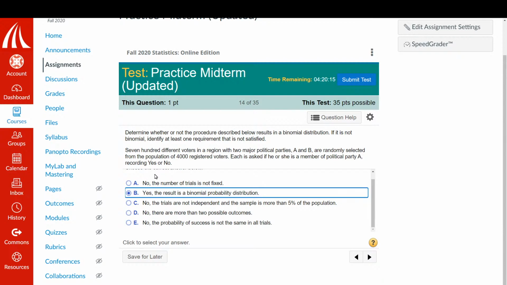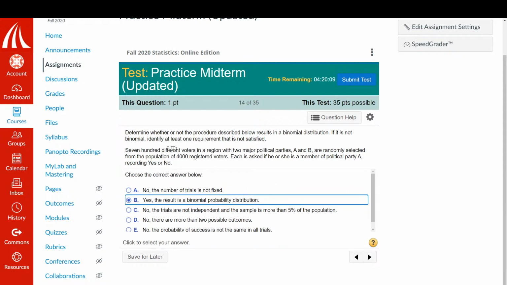But wait a minute, there does appear to be one requirement that's not quite identified, and that's the probability of success.